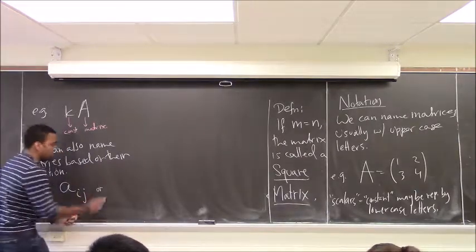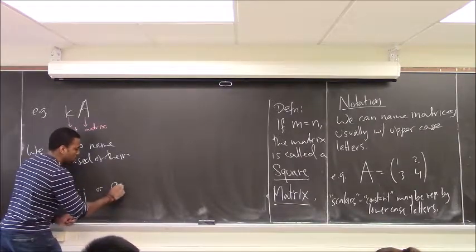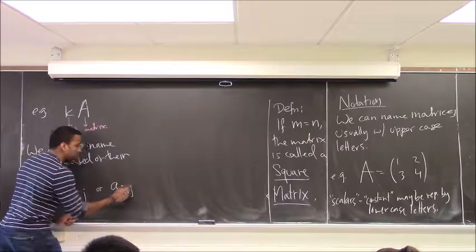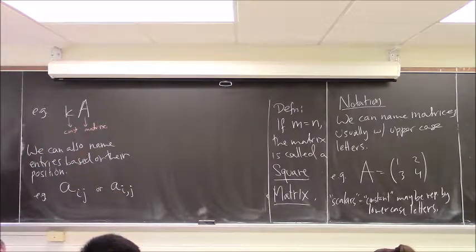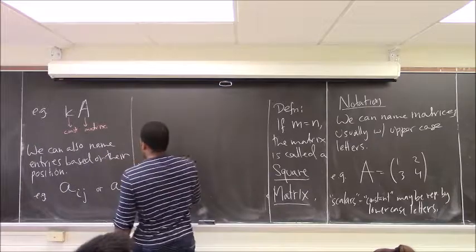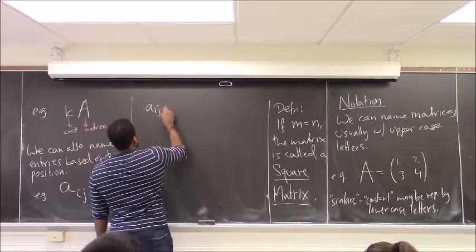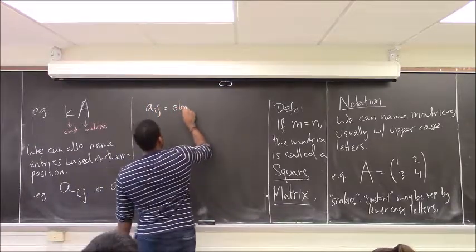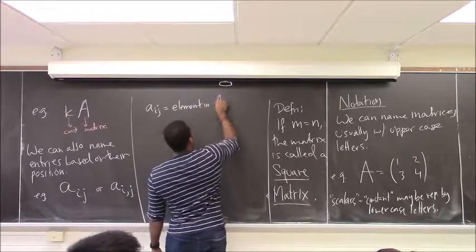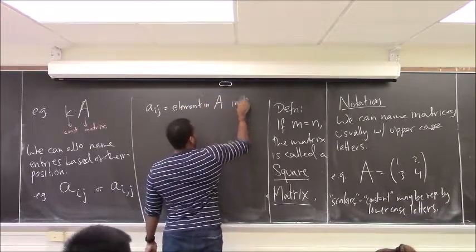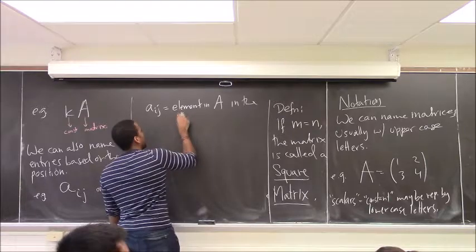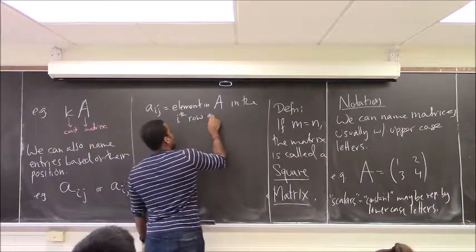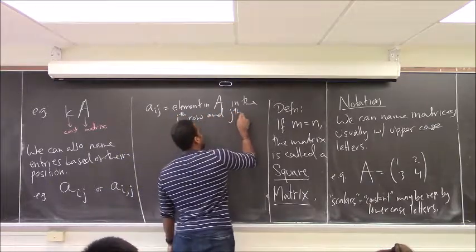If they are several digits long, you might put a comma between the i and the j. And a_ij is the element in A, the uppercase A, in the ith row and jth column.